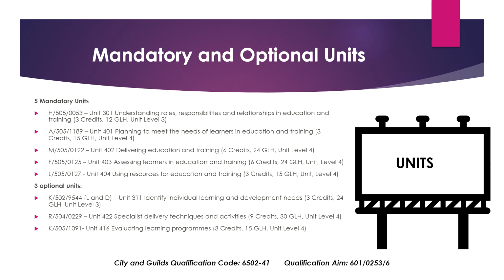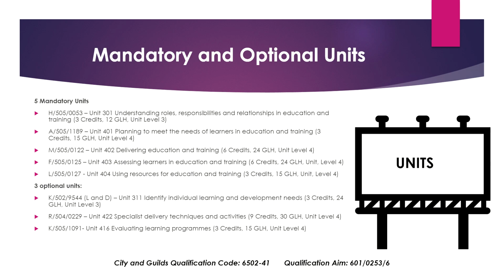Now we have mandatory and optional units. We have 5 mandatory units and we have 3 optional units. When I say 3 optional, it doesn't mean that you choose not to do them. No, all of them add up. The 3 optional units were chosen because they complement the other 5 units.